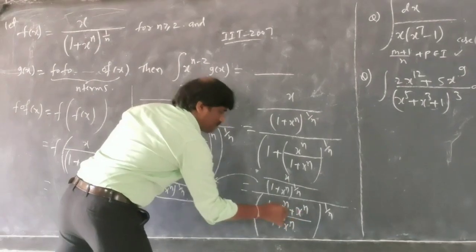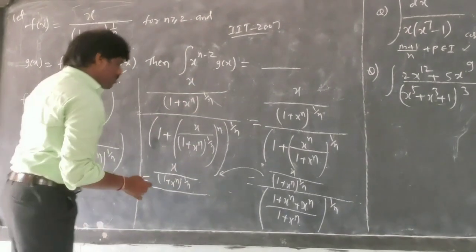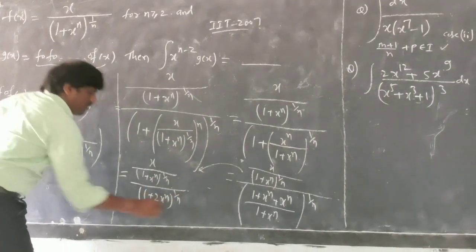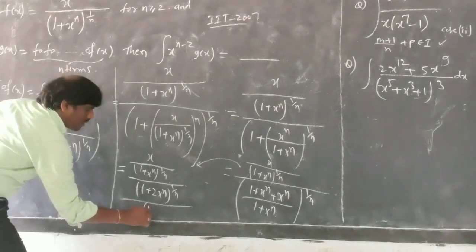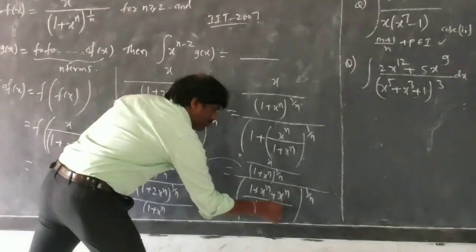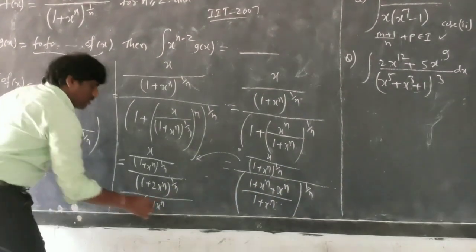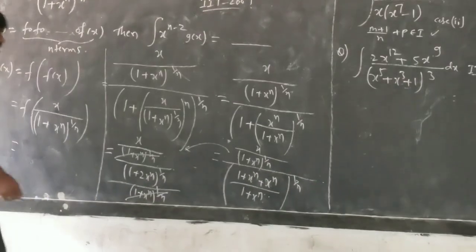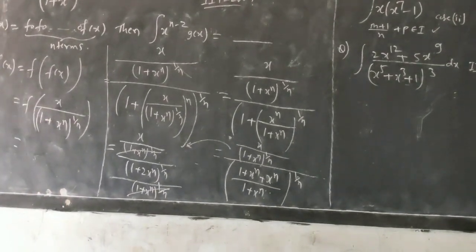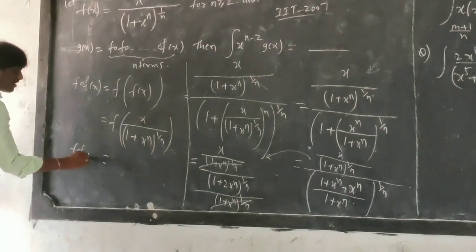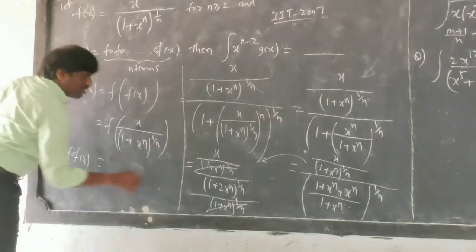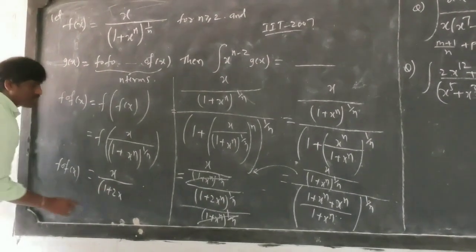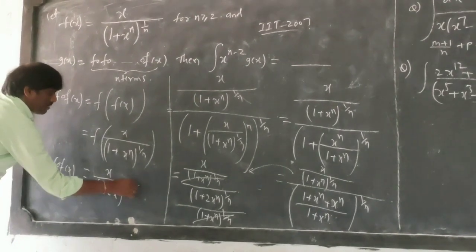So x power n plus x power n is 2x power n. I get 1 plus 2x power n to the power of 1 by n divided by 1 plus x power n. This power I am sending to numerator and denominator, so whole power 1 by n. So this one and this one are cancelled out. What I got finally, f circle f of x, the final answer, is x upon (1 plus 2x power n) whole power 1 by n.